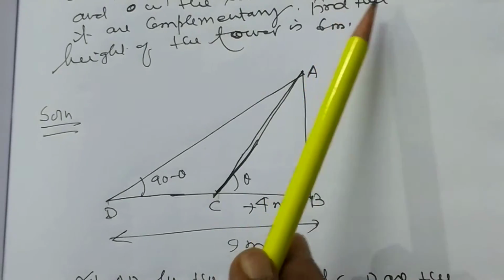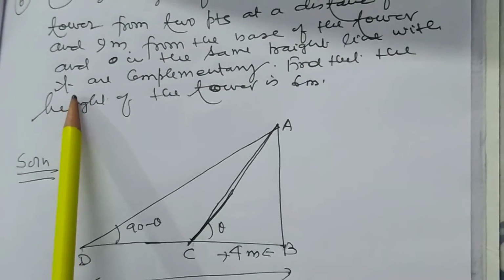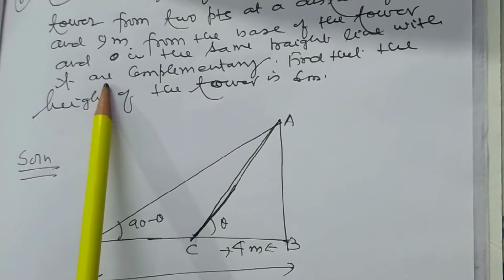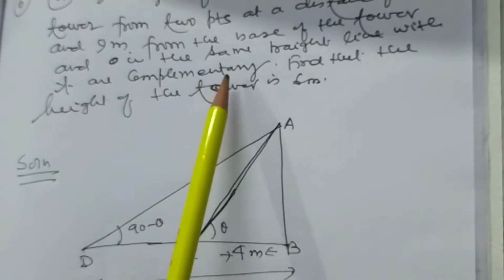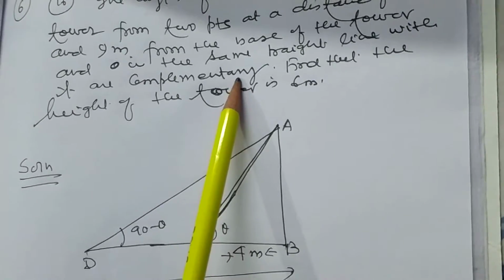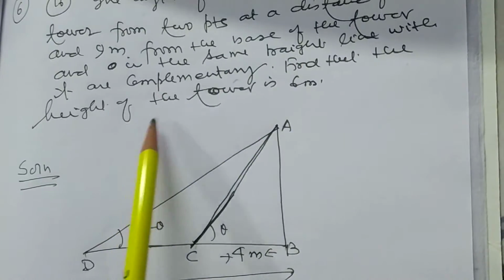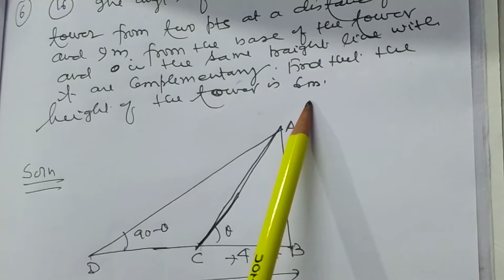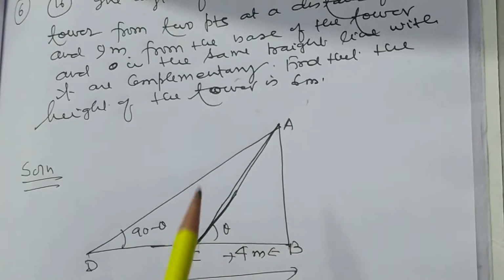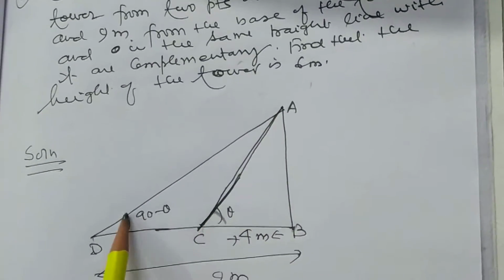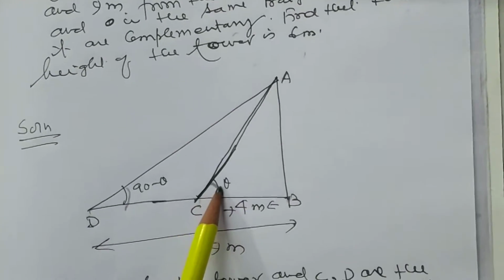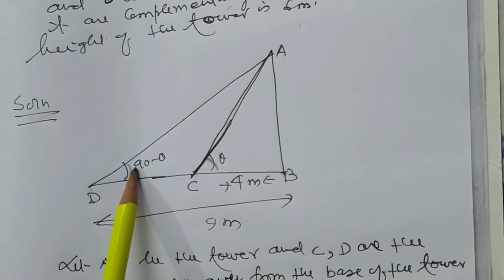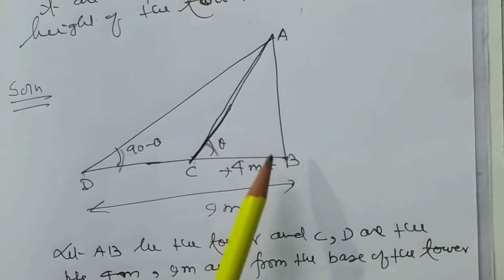And in the same straight line, they are complementary. Find the height of the tower, it is 6 meter. ये जो एंगल बना रहा है वो क्या है, एक दूसरे का कंप्लीमेंट्री है. मतलब यहाँ थीटा थी, यहाँ 90 माइनस थीटा. So find the height of the tower.